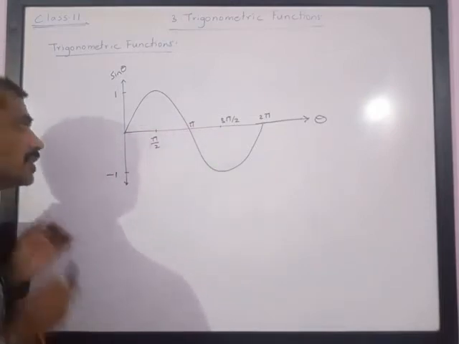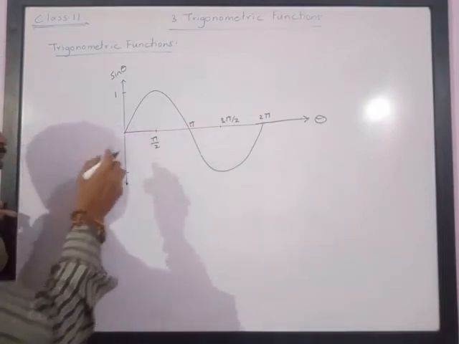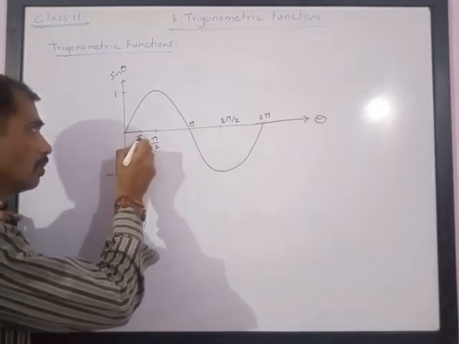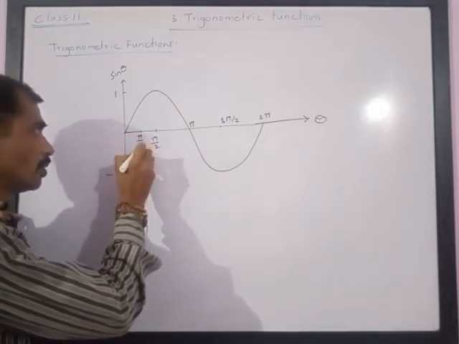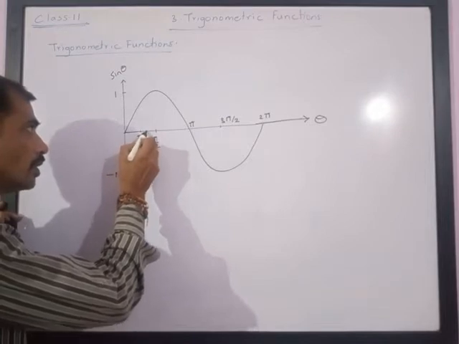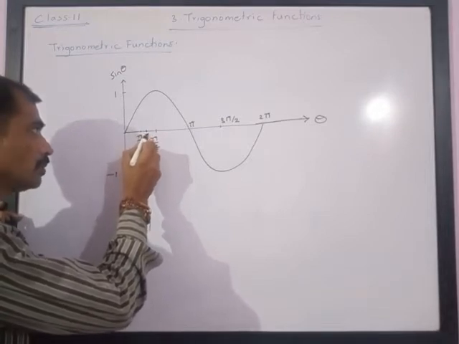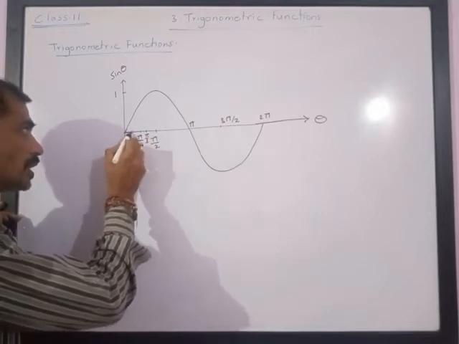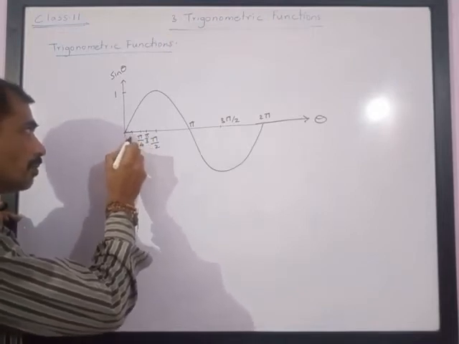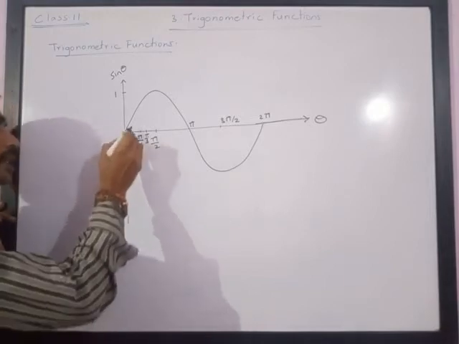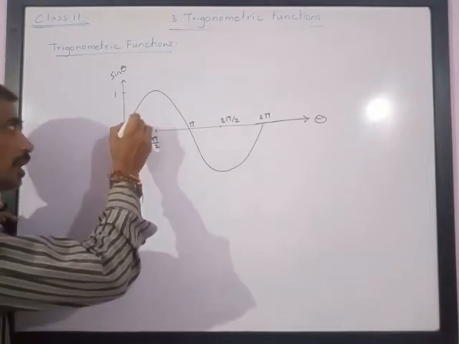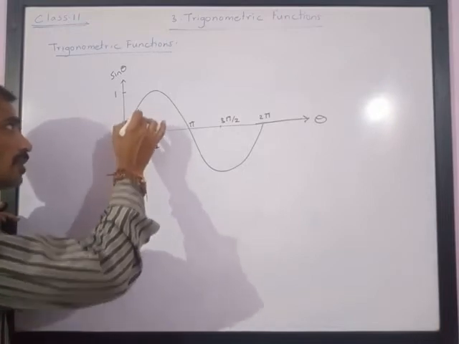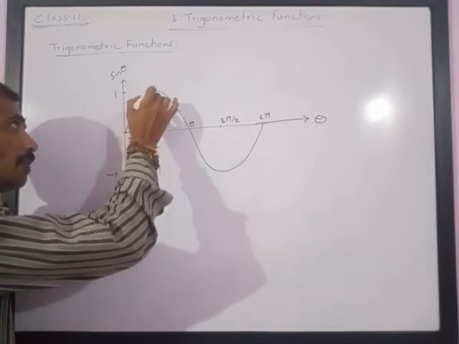Now see what happens. If you plot the graph, you will get pi by 6 value here, pi by 4 is here, pi by 3 is here, and pi by 2 is here.